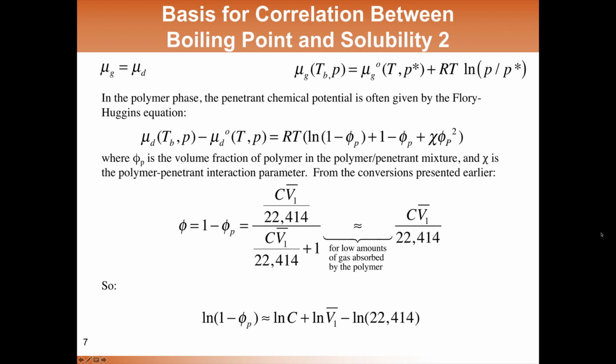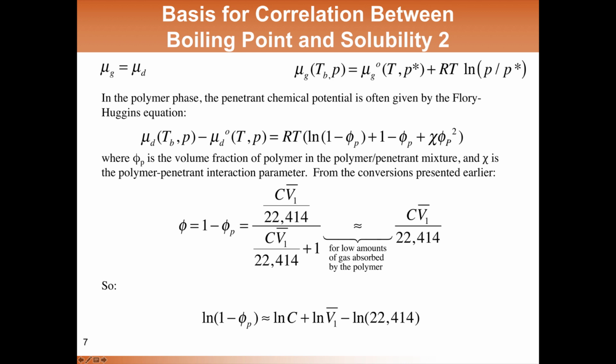The volume fraction of penetrant can be written in terms of the volume fraction of polymer, and that is given by this expression, which we just showed a few slides ago. At low levels of gas uptake, the term here in the denominator, gas concentration times partial molar volume divided by this conversion factor in cc's at STP per mole, will be small relative to 1.